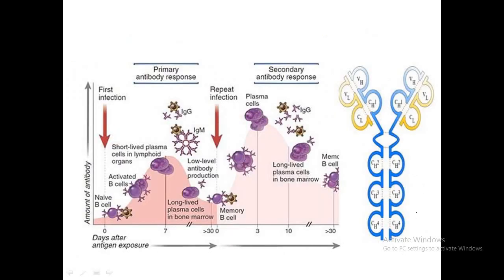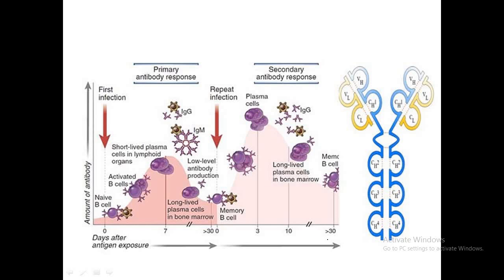This graph indicates the primary and secondary response of our body to any antigen. Let me first describe what the primary response is. The primary response is the response of our body whenever we are first exposed to any antigen.